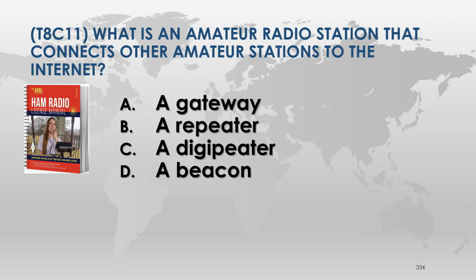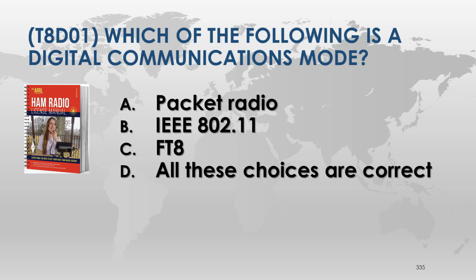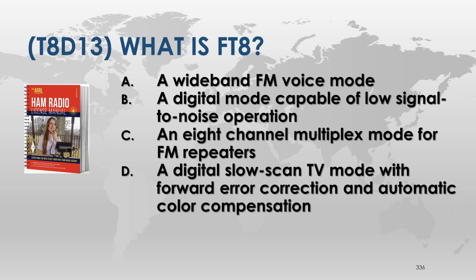Bravo's correct. What is an amateur radio station that connects other amateur stations to the internet? Which of the following is a digital communications mode? Delta. What is FT8? I don't know. Yeah. Bravo.